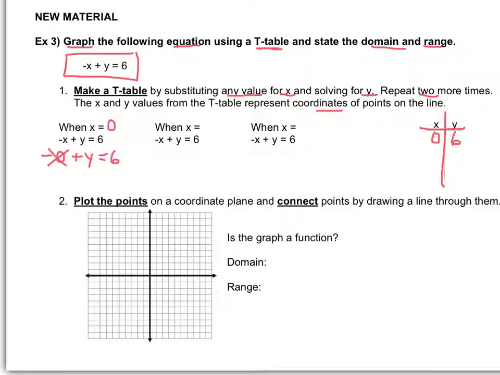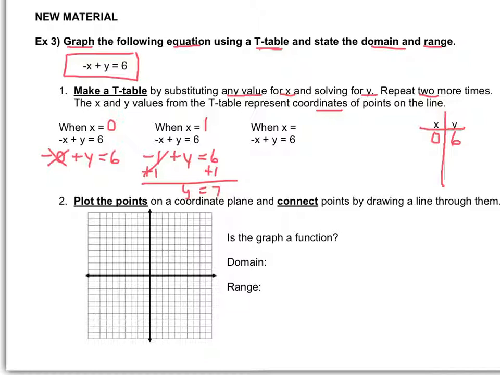Now let's just use simple numbers, and you can choose any numbers that you want. You don't have to choose these, but these are easy to do, 0 and 1 and then 2. So when x is 1, I'd put in a -1 plus y equals 6, and now I solve it. So I'm going to add 1 to both sides, cancels, and y is equal to 7.